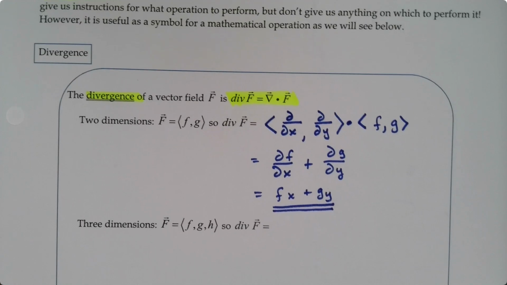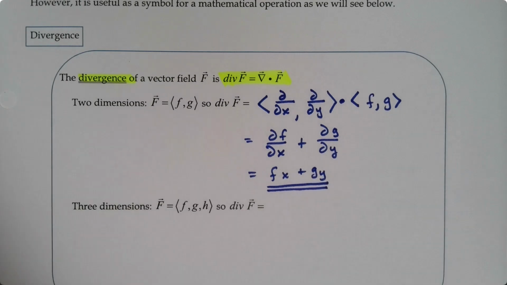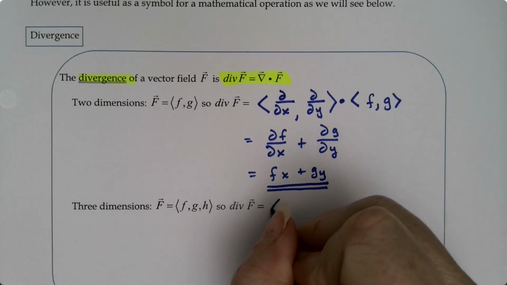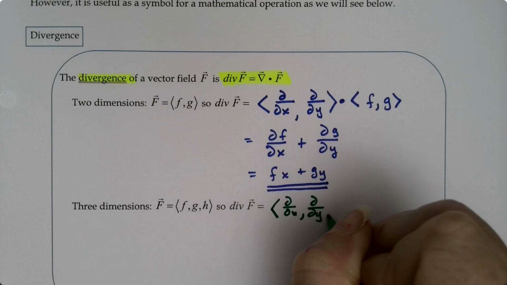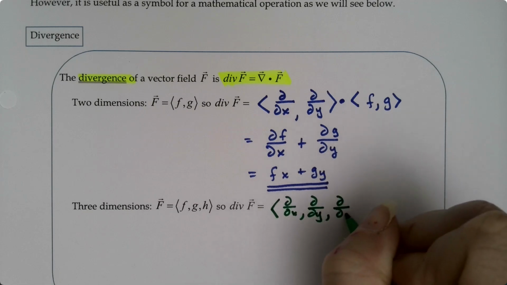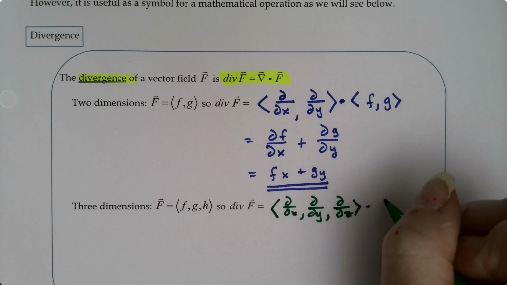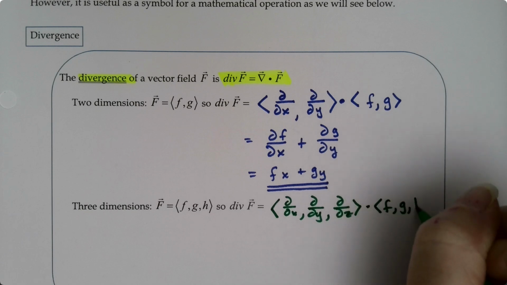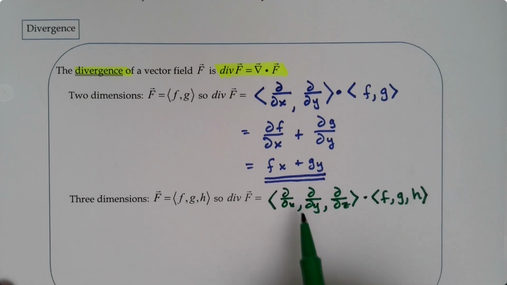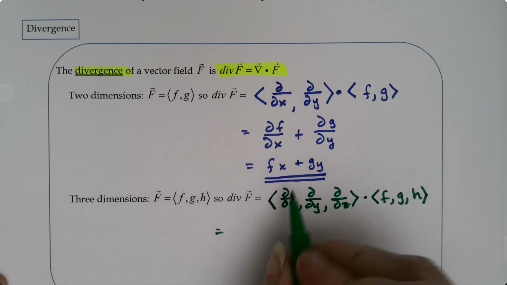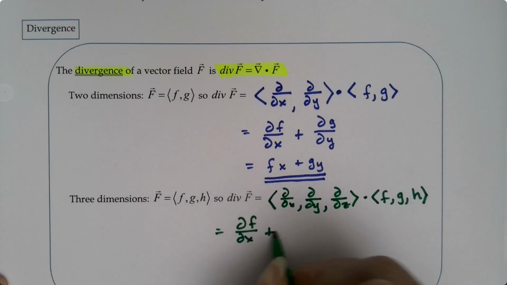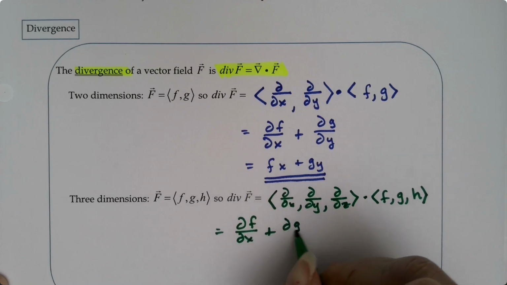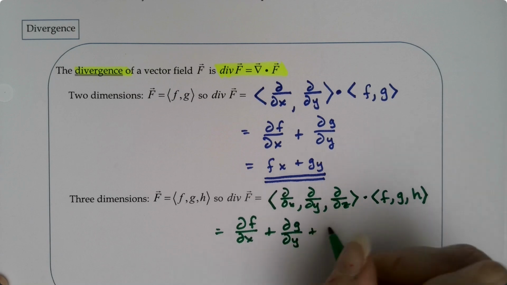But what if we want to do 3 dimensions? All right, so let's take the partial with respect to x, the partial with respect to y, and the partial with respect to z, and we're going to multiply it by f, g, h. So the dot product would become the partial derivative of f with respect to x plus the partial derivative of g with respect to y plus the partial derivative of h with respect to z.